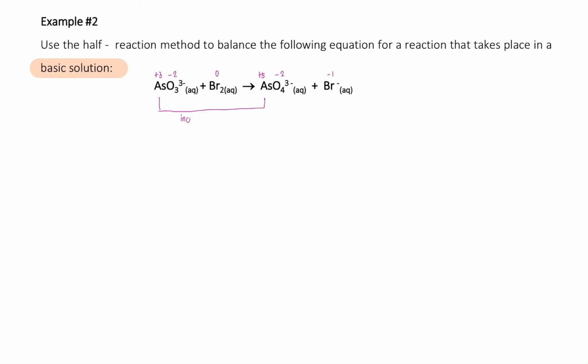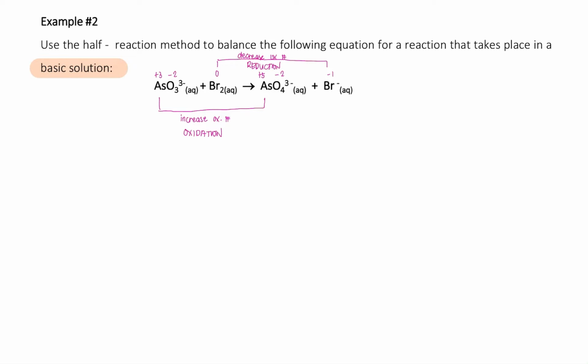So there is an increase in the oxidation number, telling us that it has undergone oxidation. And for bromine, going from 0 to -1, there is a decrease in oxidation number, telling us that it has undergone reduction.